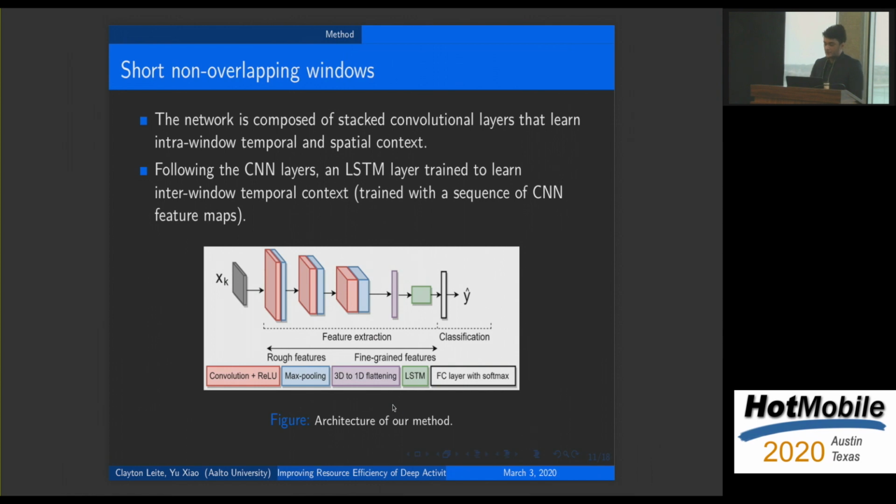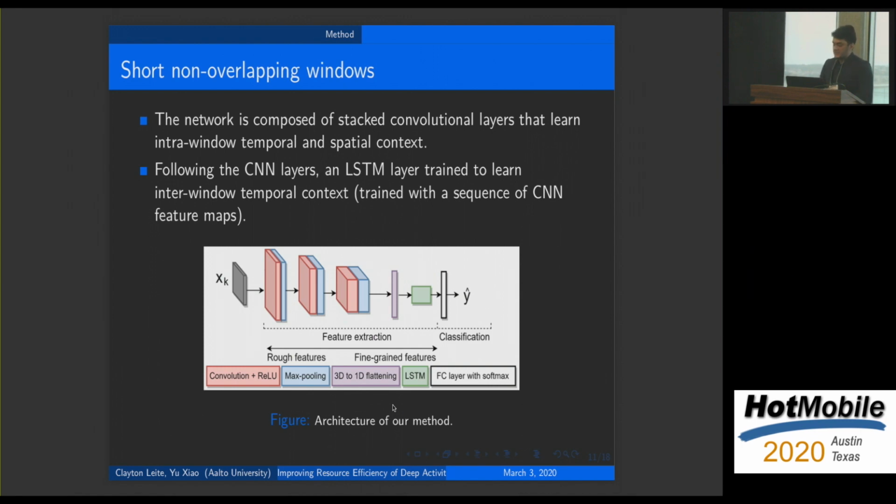We train them. The convolutional layer learns features and spatial context. Spatial context is the dependencies between the sensors. And the LSTM layer here, we do something different. It is to learn inter-window temporal context. So we train this LSTM layer with a sequence of feature maps output by the CNN.